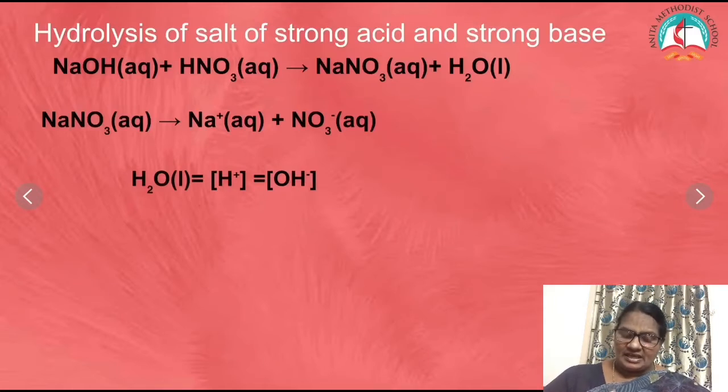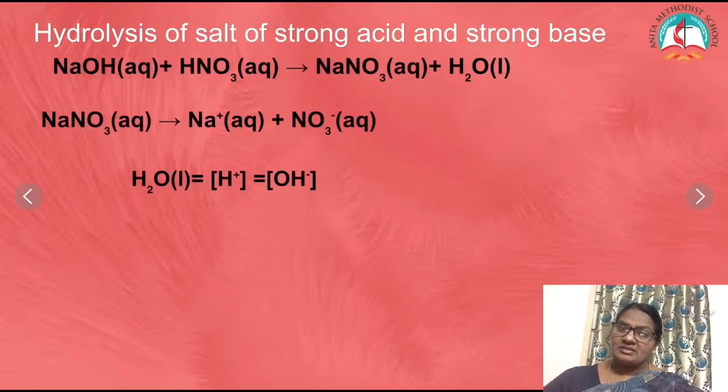Now this Na+, which is the conjugate acid of the strong base sodium hydroxide, will not react with the H+ ion or the OH- ion. Similarly, nitrate, which is the conjugate base of the strong acid nitric acid, will not react with H+ or OH-. So in such a solution, what all do I have?